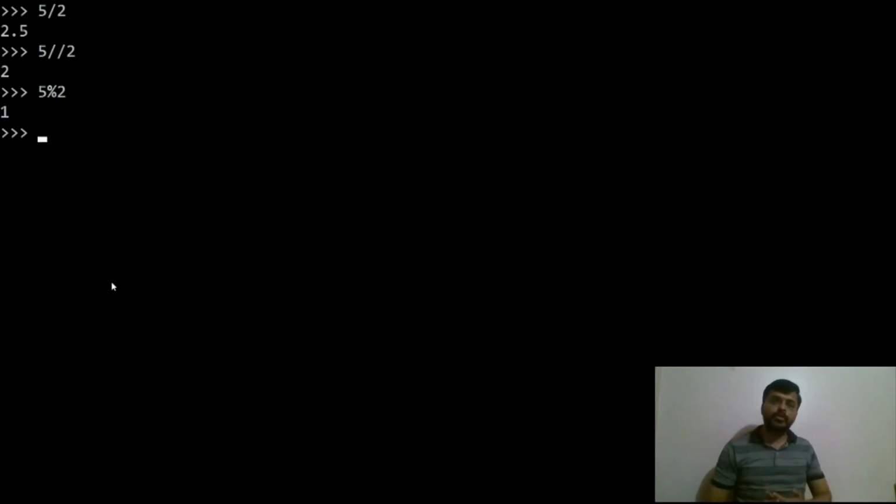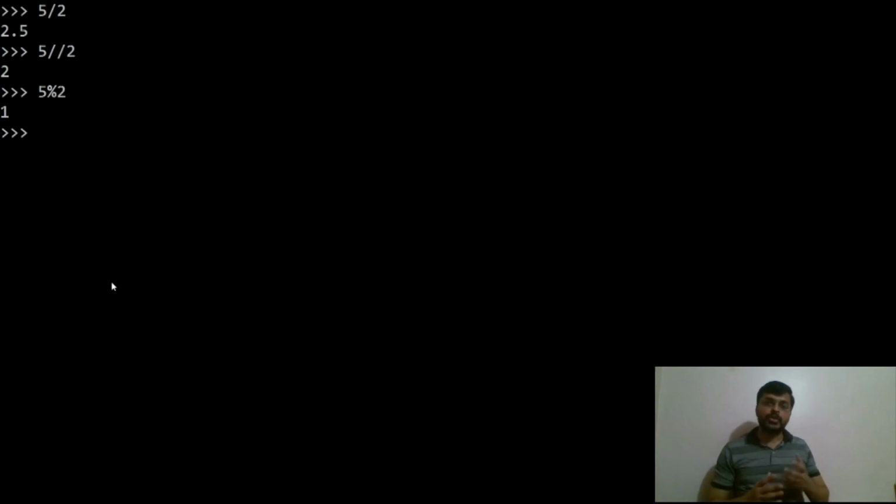Now where will you use this? The modular operator is generally used to check whether a given number is divisible by the denominator. If it is divisible, the result of the modular operation should always be 0. If it is not, that means it's not divisible.